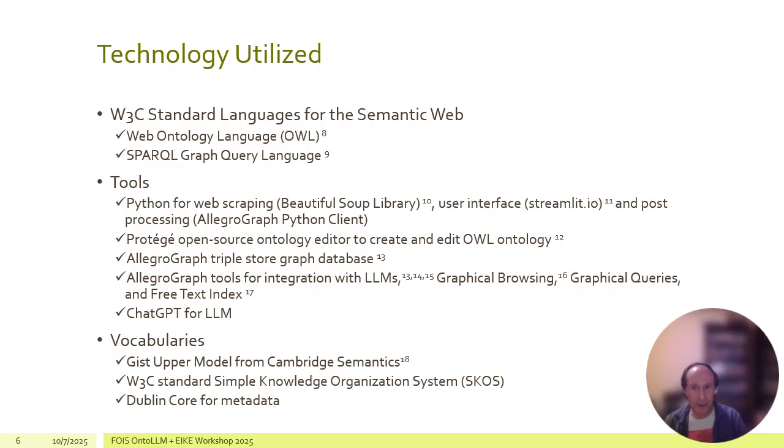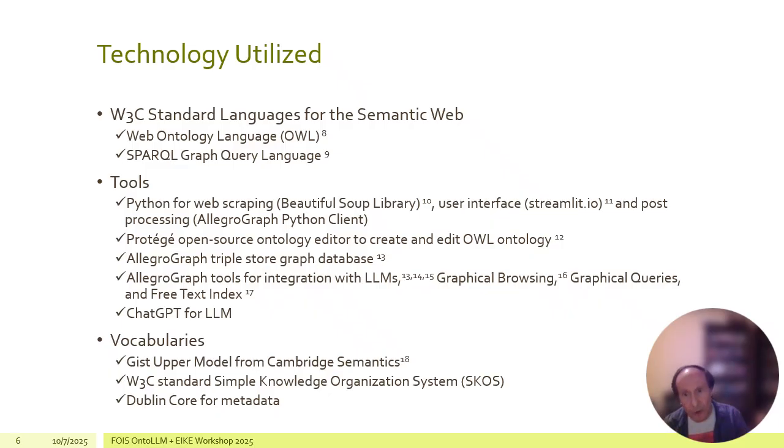So Protege essentially gives you the ontology. AllegroGraph gives you the knowledge graph, which is the ontology, what people call the T-box, as well as the lots of instances, what people in the community call the A-box.